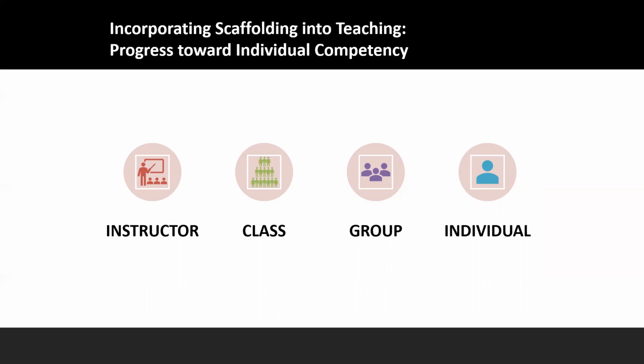What are you going to do in the class, and why are you going to do it, and how are you going to do that? Think about that and plan it. And then as a group, what makes sense for them to do as a group, and what doesn't make sense for them to do as a group? What are they going to have to be able to do on their own?